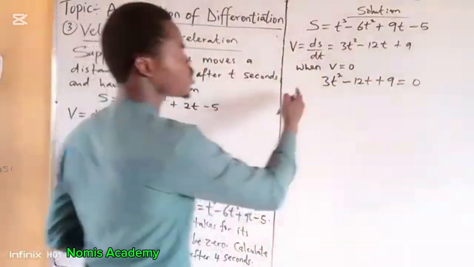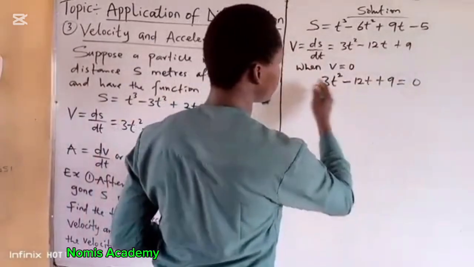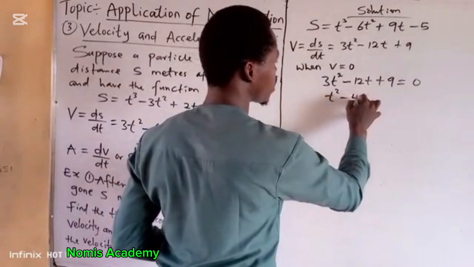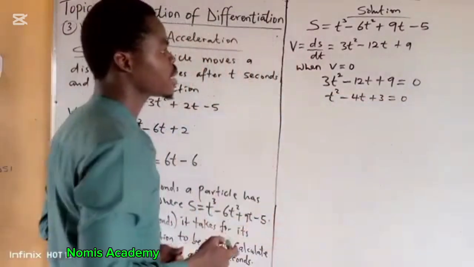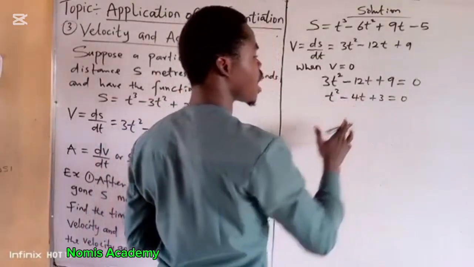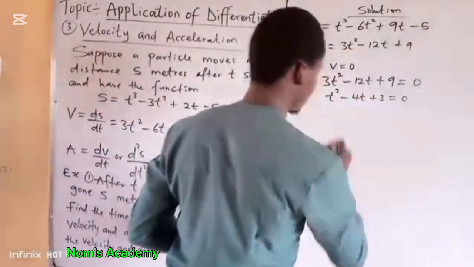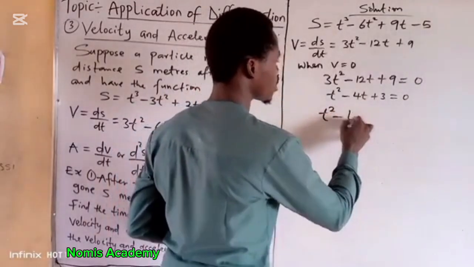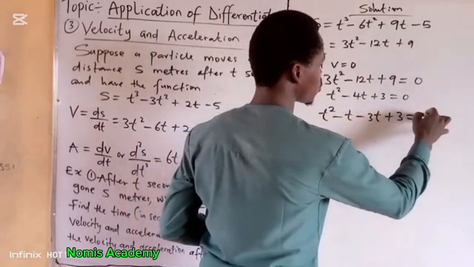So what we need to do is to solve the quadratic equation. Divide through by 3, we have t squared minus 4t plus 3 equal to 0. To solve this, we have to look for two factors that sum up to minus 4 and whose product is 3. So that will give us t squared minus t minus 3t plus 3 equal to 0.